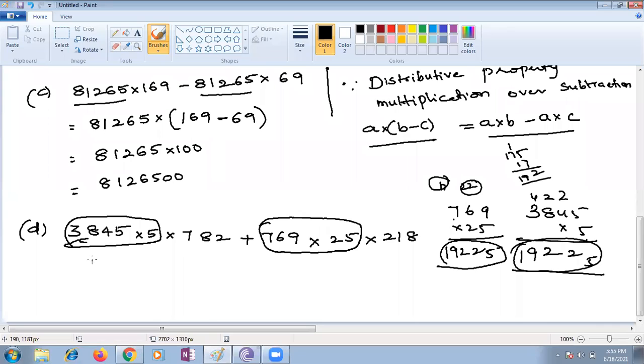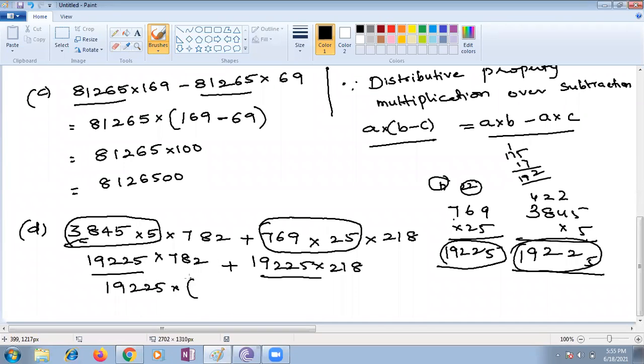Instead of 3,845, 3,845 divided by 5 gives 769, and we get 19,225. Now children, can you recognize the mother? Who is the mother now? 19,225.